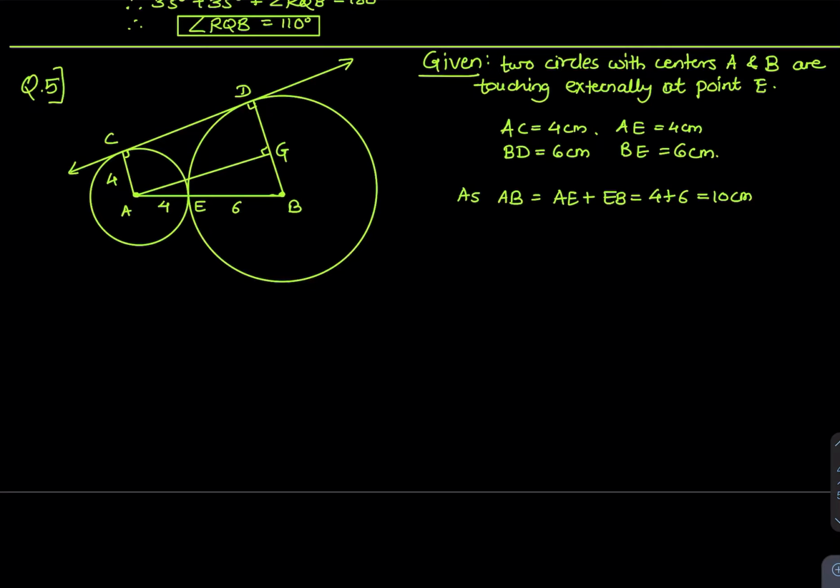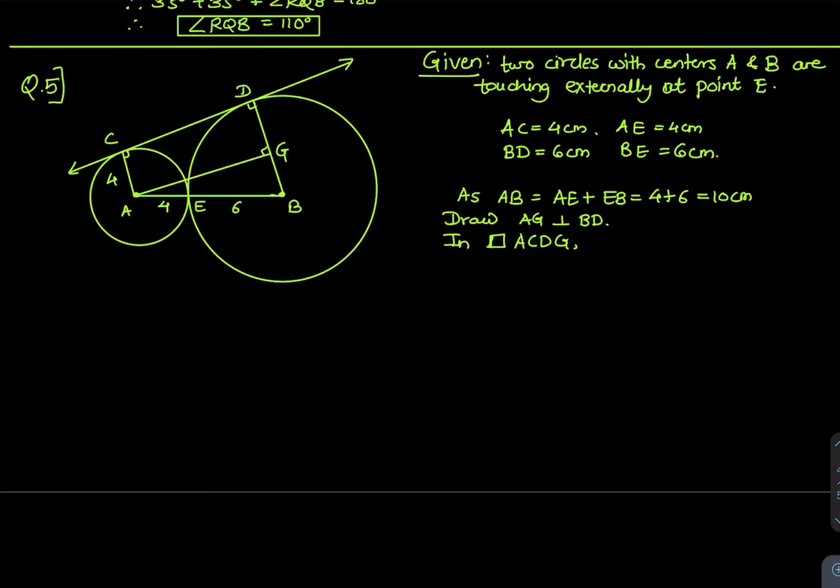So now we'll find the distance between the centers of these two circles, which is given by AB. So AB is AE plus EB, 10 centimeters. Now draw AG perpendicular to BD. So now see, this quadrilateral formed by our construction is a rectangle, because this angle is 90 degrees, by the tangent theorem this angle is also 90 degrees, and this angle is 90 degrees because of our construction.